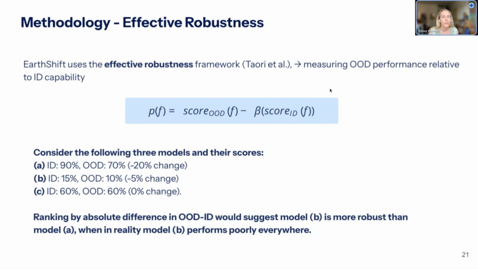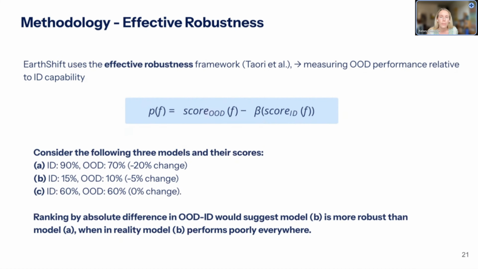And just to further support why we think that this is a good way to quantify robustness of these models, a really quick use case: consider the following models and their scores. Let's take model A, which has an ID score of 90% and OOD score of 70%. That has a 20% delta, or 20% drop in performance. If you look at model B, its ID score is 15% and its OOD score is 10%.